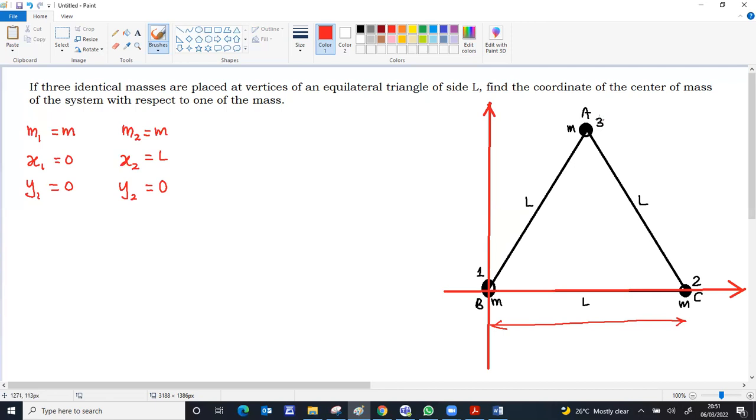Now for the third mass at A, mass value is the same. Its x coordinate is how much it is away from the origin along the x-axis.